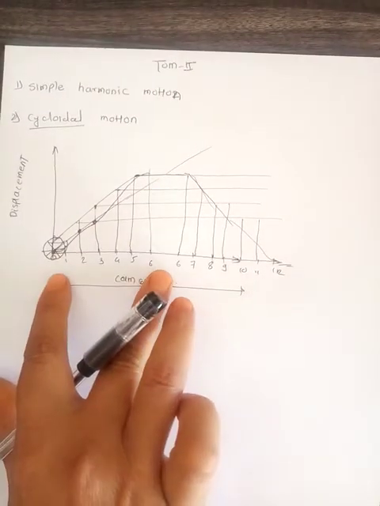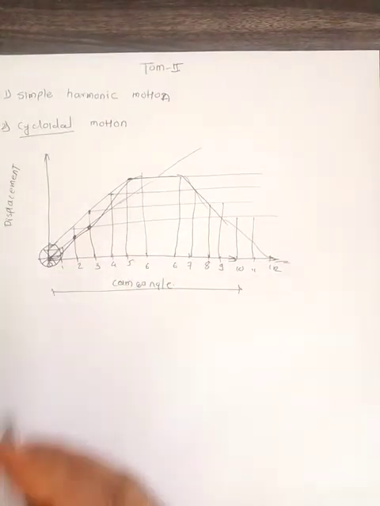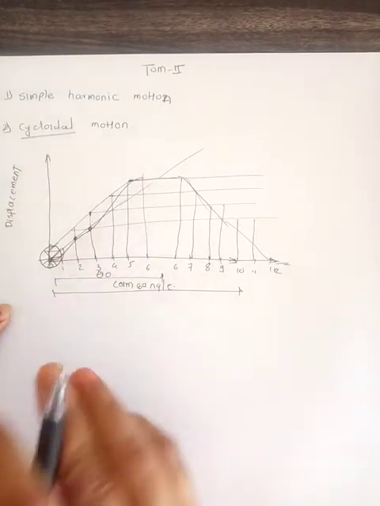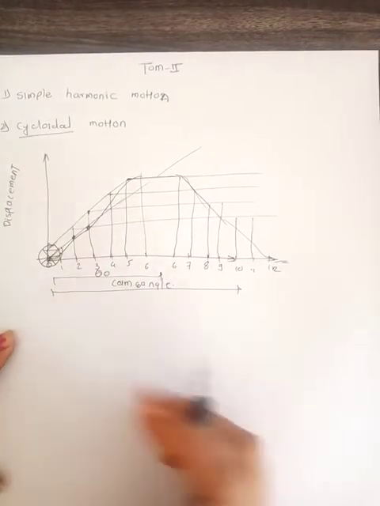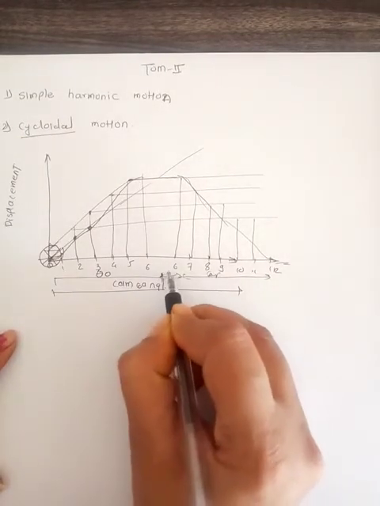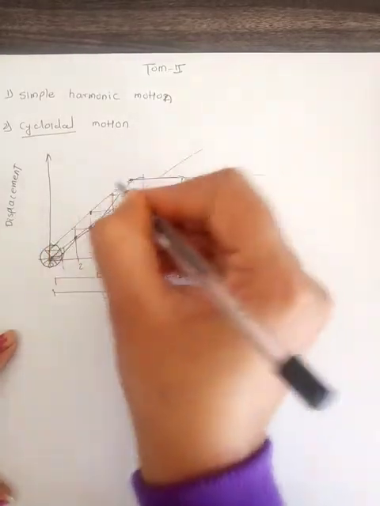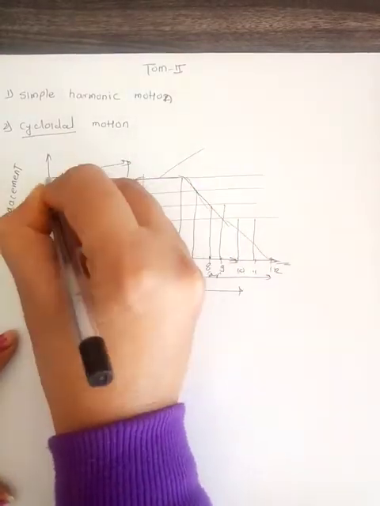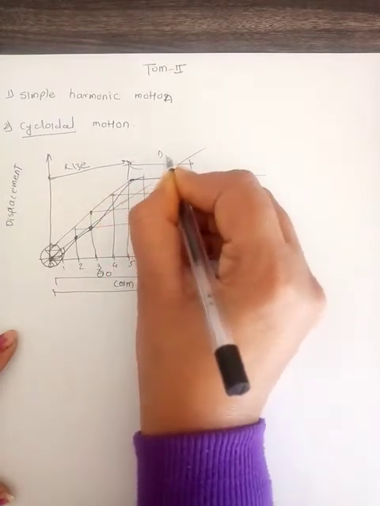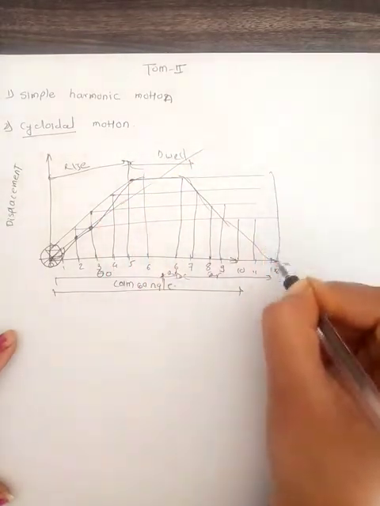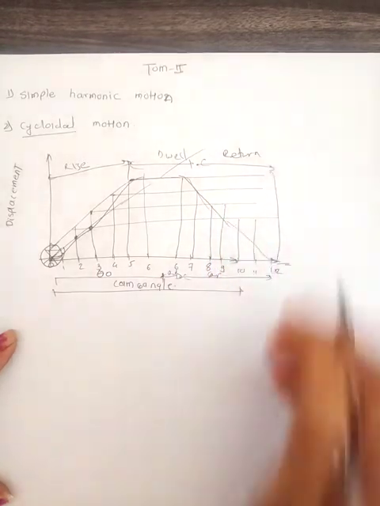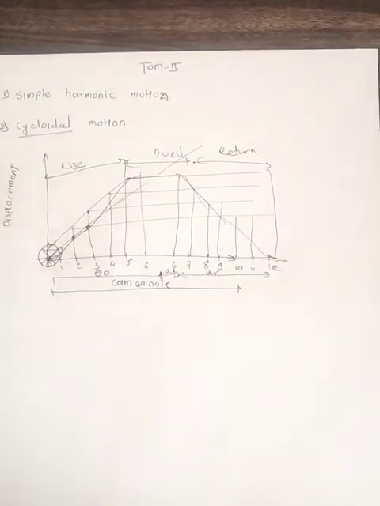This stroke is called the outstroke, and this is called the return stroke, and this is delta t. This region is called the rise, this region is called the dwell, and this region is called the return. This is the classification of the follower.